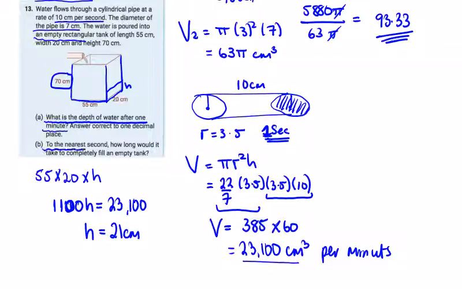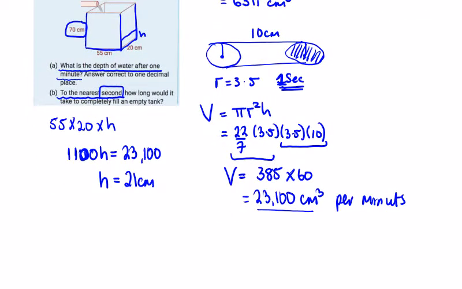And then to the nearest second, so we're going back to seconds here. How long will it take to fill an empty tank? Okay, what's the volume of an empty tank? 70 by 1100 is equal to the volume of the tank. So 70 by 1100 is going to be 77,000.